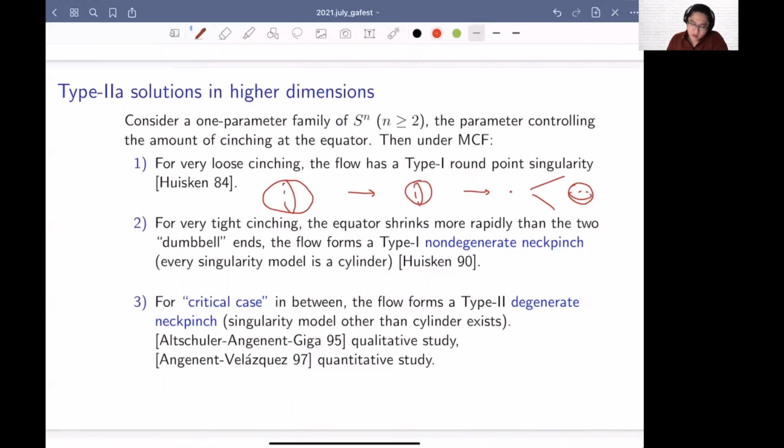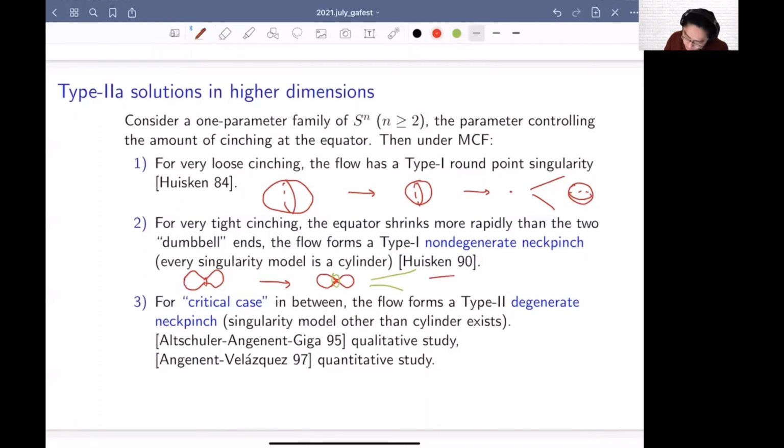If we have very tight cinching in the middle, so we start out with some kind of dumbbell shape, then at a later time, the middle part will pinch off before the two ends disappear. Now, if we take a magnifying glass and zoom in on the middle, what do we see?